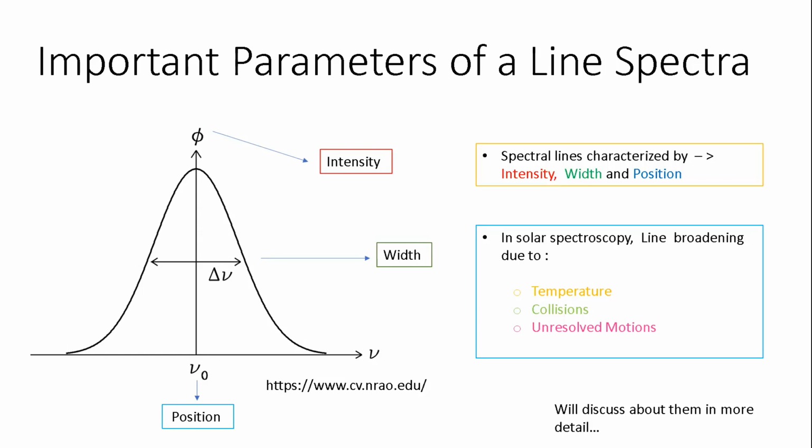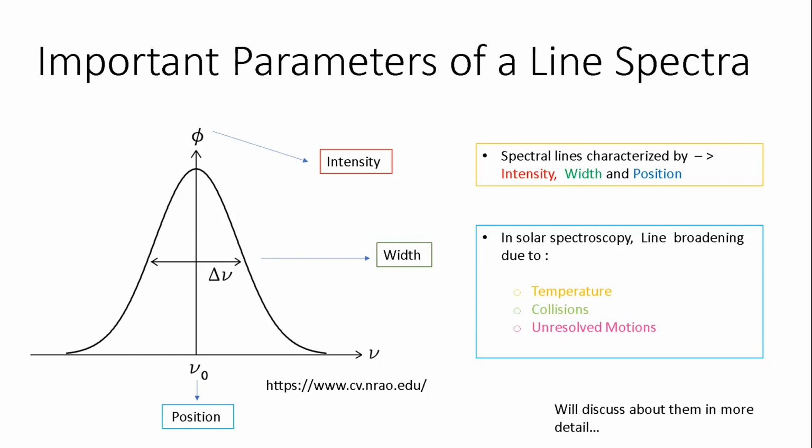These are the parameters of the environment that you are observing. We will learn more about this line shape, which you can also call line broadening, so you will learn about line broadening mechanisms in this project.